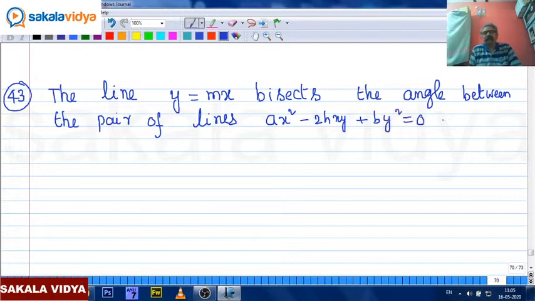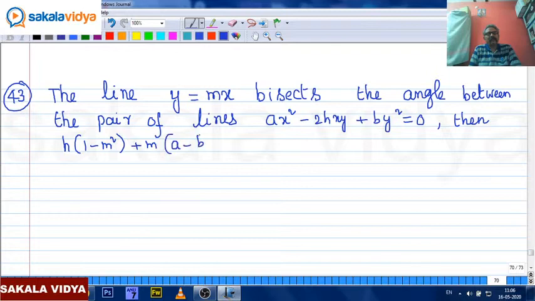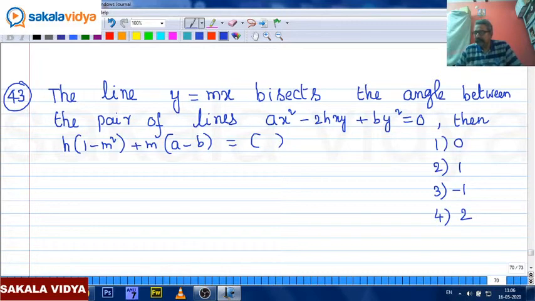Then h(1 − m²) + m(a − b) equals to: first option 0, second option 1, third option -1, fourth option 2. Okay.